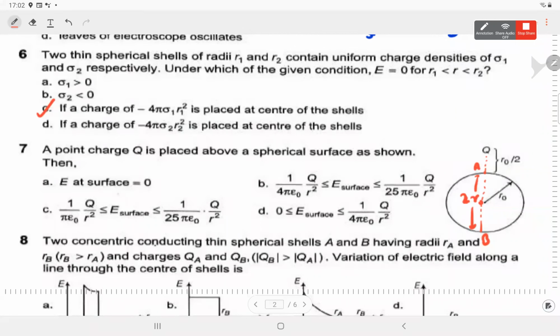So E max is when the distance is smallest, kq by r0 by 2 square, and the minimum electric field is k into q divided by 5 r0 by 2 whole square. So that becomes option C. It should lie between these two values, because all the other distances will be greater than r0 by 2 but less than 5 r0 by 2.